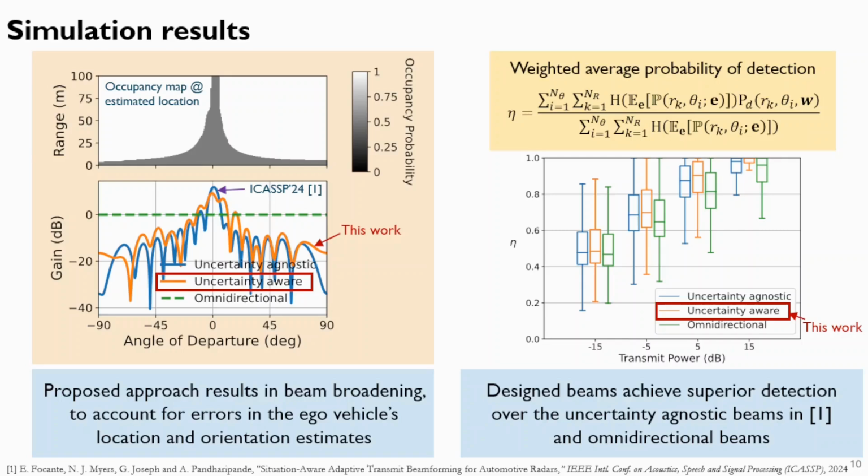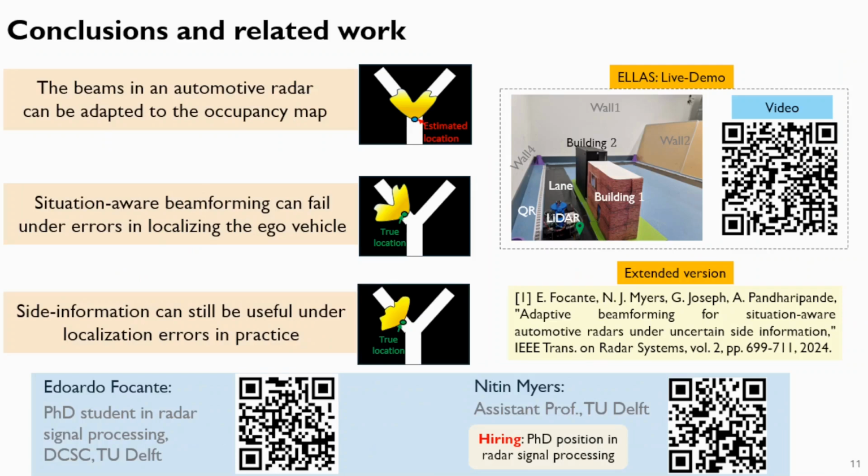And that makes sense, because if I'm not sure whether my car is exactly here or there, I can take an uncertainty window around my position and blur out the beams that I get for all these positions and come up with a broadened beam, right? So that's very logical. And you can also see from the right that with our uncertainty aware approach, the designed beams achieve a superior detection over the conventional design, or an approach that totally ignores uncertainty, okay?